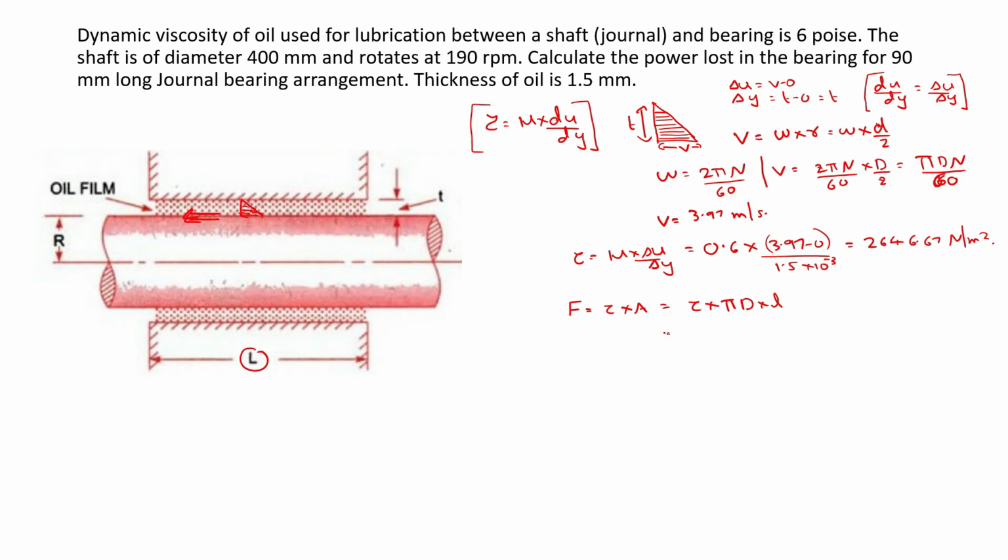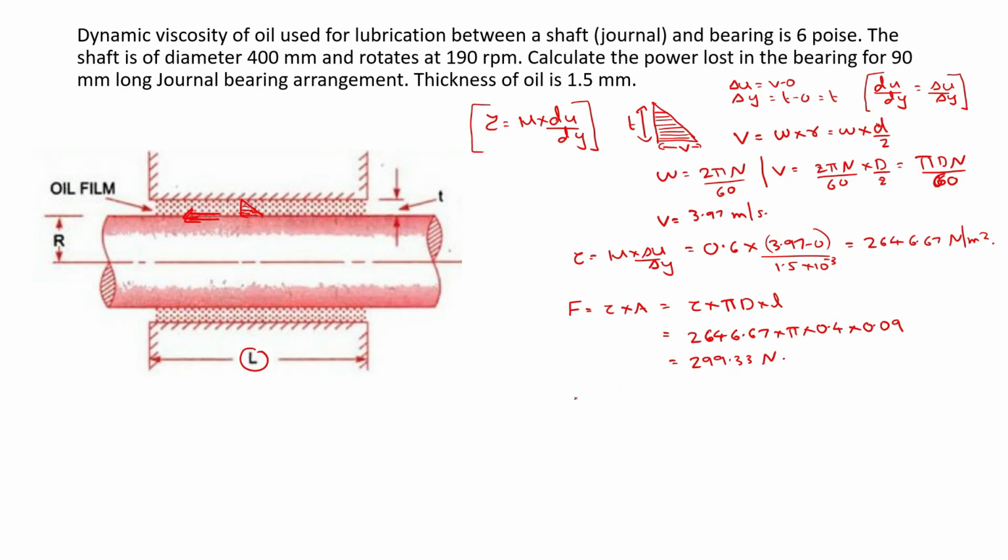So you will get 2646.67 into pi into diameter, which is 400 millimeter, so 0.4, and length is 90 millimeter, that is 0.09. So you will get the force as 299.33 Newton. This is the opposing force.